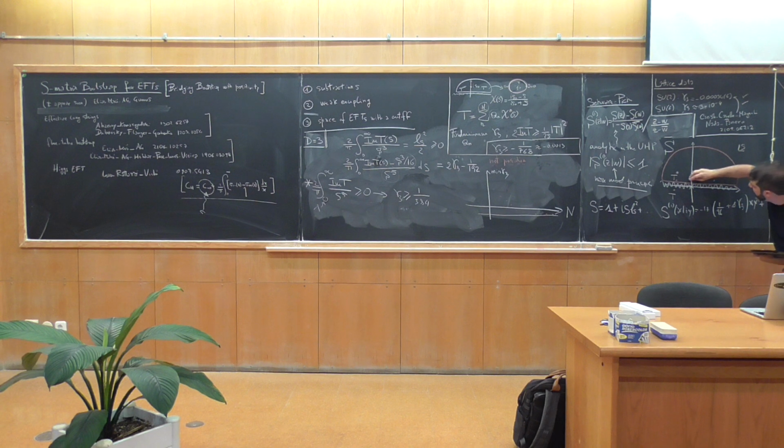Okay, where ix and iy are simply these points that are moving on the imaginary axis. And requiring that this in absolute value is less or equal than 1 implies that gamma 3 is bigger or equal than this number. So it's just a simple application of this Schwarz-Pick inequality that you can iterate and derive bounds on higher order Wilson coefficients. Okay?